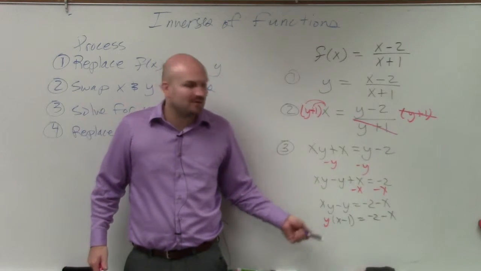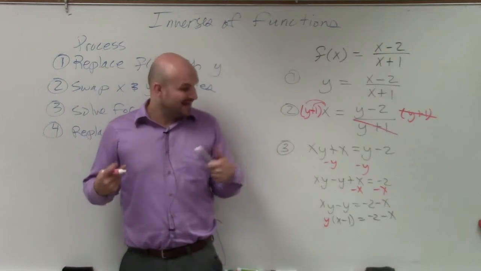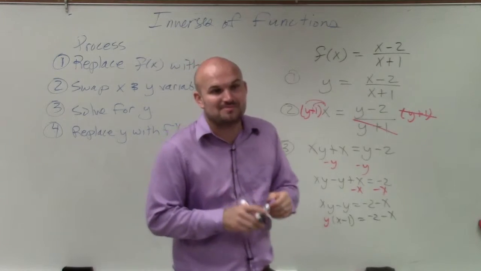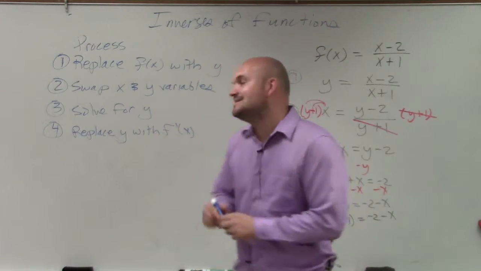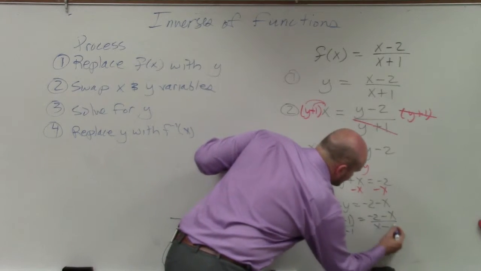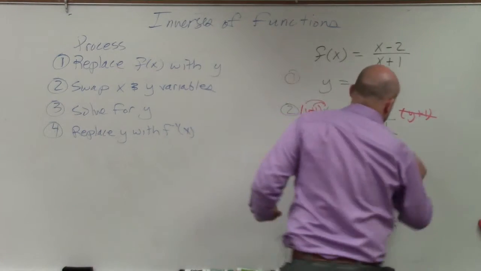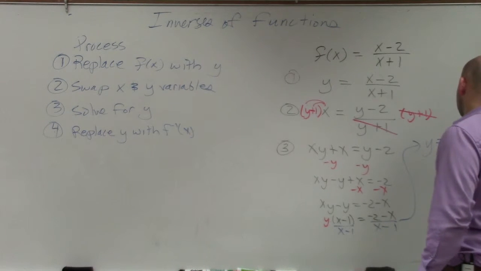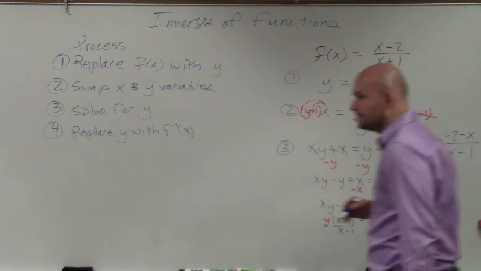It is being multiplied by x minus 1. So to undo multiplication by x minus 1, I have to divide by x minus 1. So therefore, I'll write the answer up here. I have y is equal to negative 2 minus x over x minus 1.